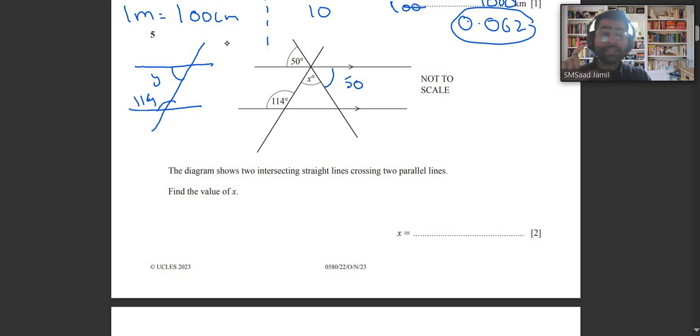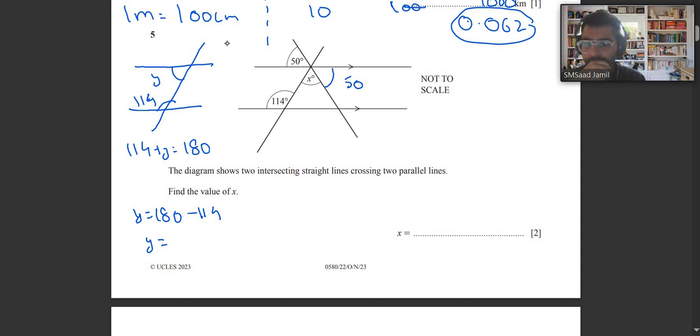Both of them are interior angles, and the sum of interior angles is 180 degrees. So 114 plus y is equals to 180. Y is equals to 180 minus 114. Y is equals to 66.